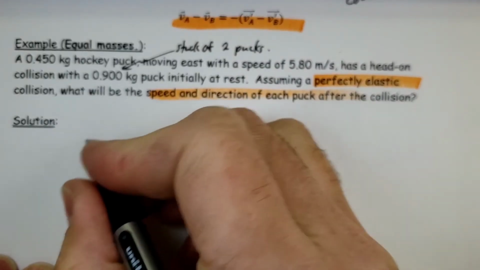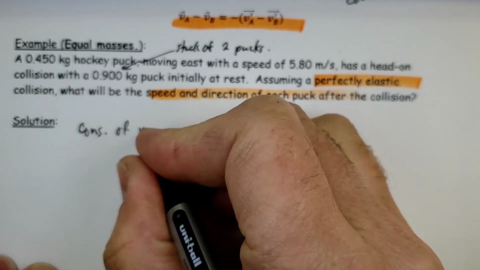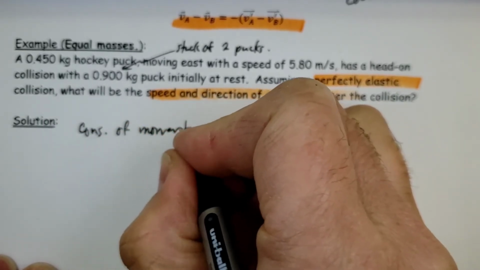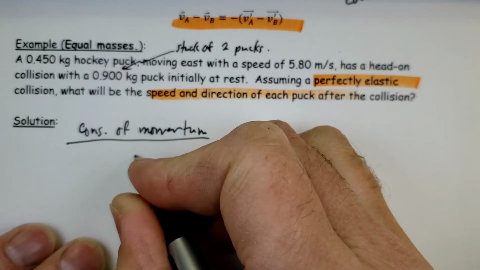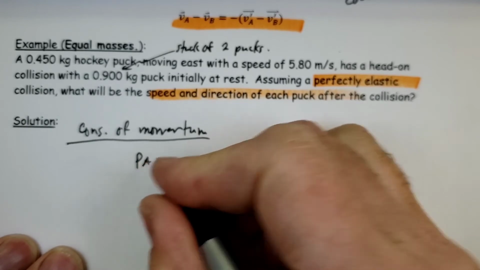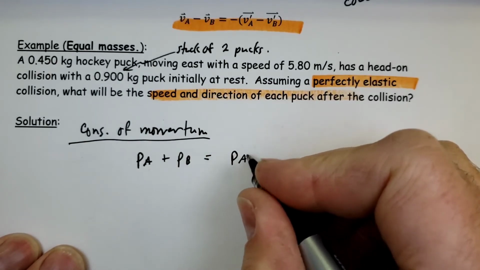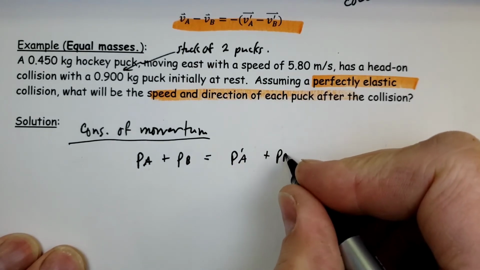So let's solve by conservation of momentum like before. I'll call them A and B like I did. Momentum of A plus momentum of B equals momentum of A after and momentum of B after.